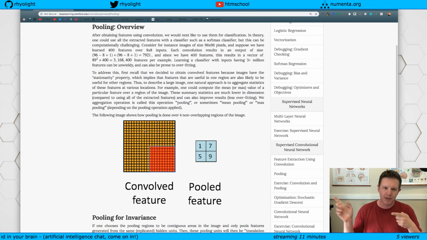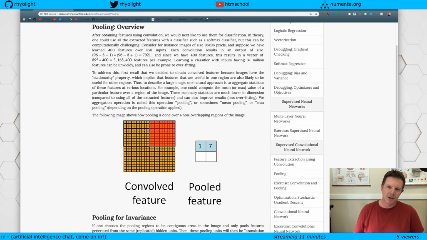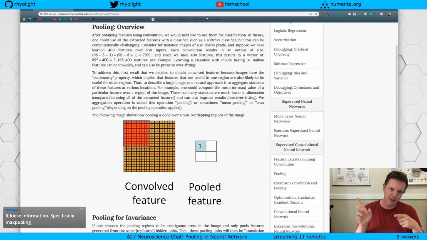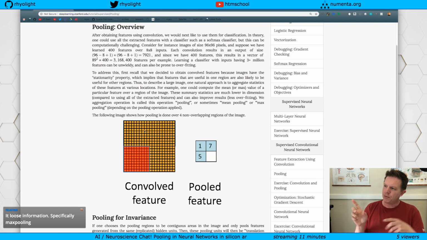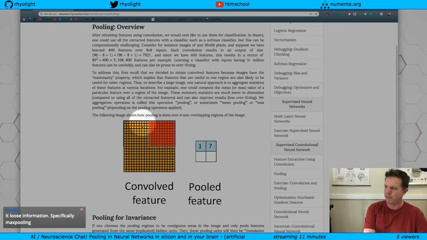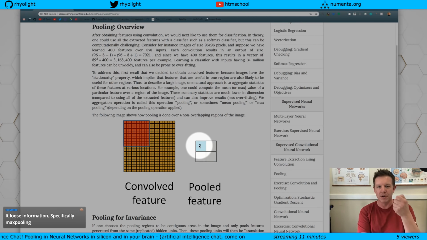The type of pooling that this is showing is doing the same thing, but it's losing a lot of information. Yeah, I guess that's your point, right? It loses a ton of information. So when you pool, especially using max pool, we're basically taking an input space and breaking it up into separate spaces that will then be represented by another unit.